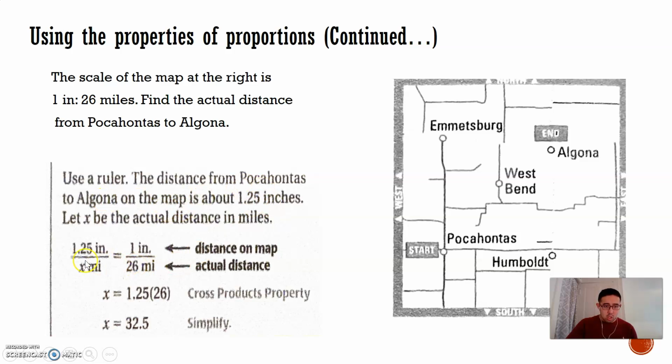So if you set up the ratio, 1.25 to x miles, it must be equal to 1 over 26 miles. When you cross multiply, you get x is equal to 26 times 1.25. So x is equal to 32.5. The actual distance from Pocahontas to Algona is 32.5 miles.